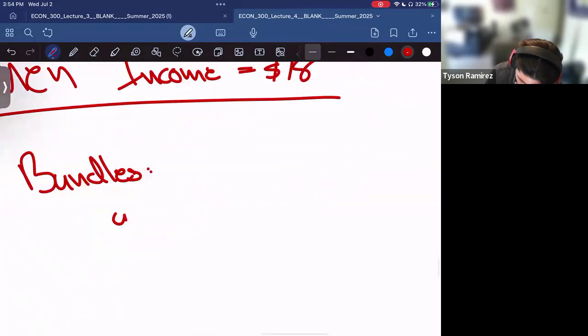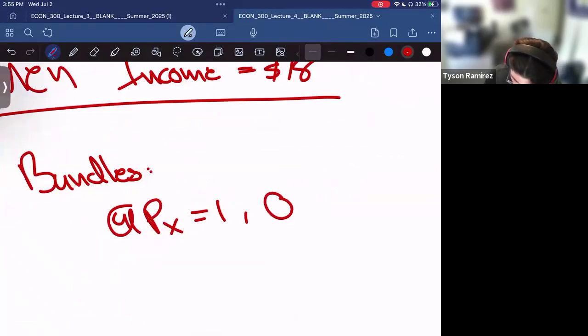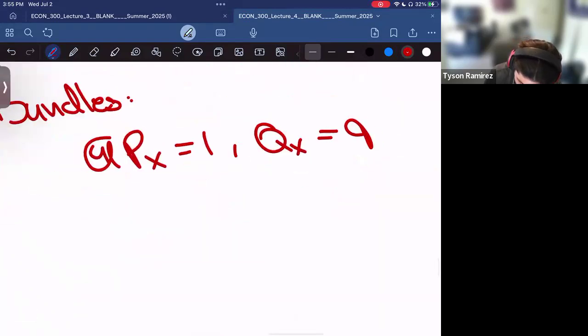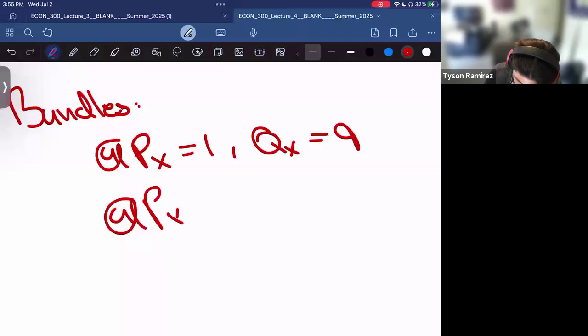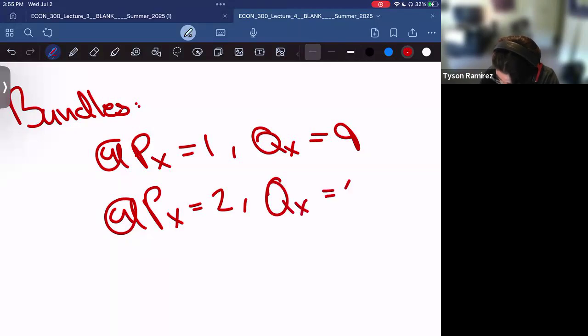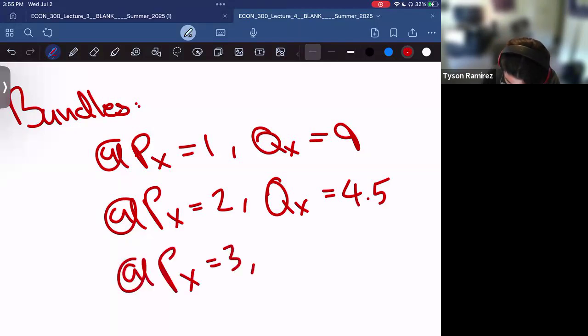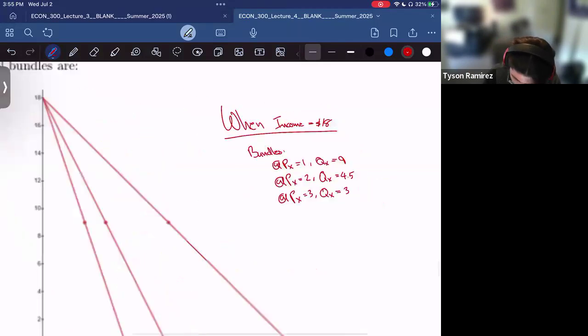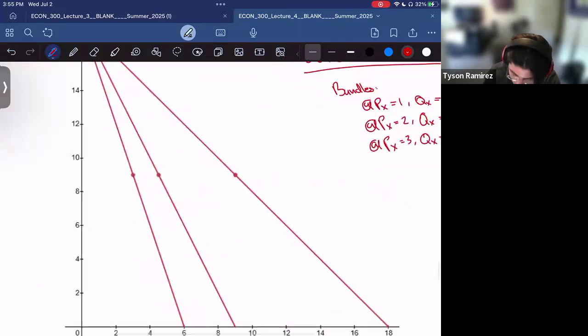Well, if the price of good X is equal to 1, then the quantity demanded of X is equal to 9. When the price of good X is equal to 2, the quantity demanded that you would find is 4.5. Finally, when the price of good X is equal to 3, then the quantity demanded of X is going to equal 3. And that's what these points here are.